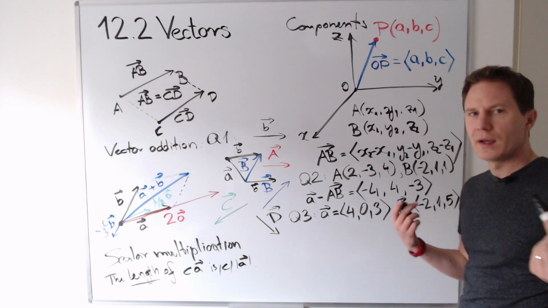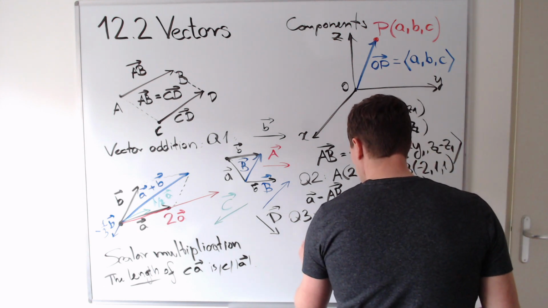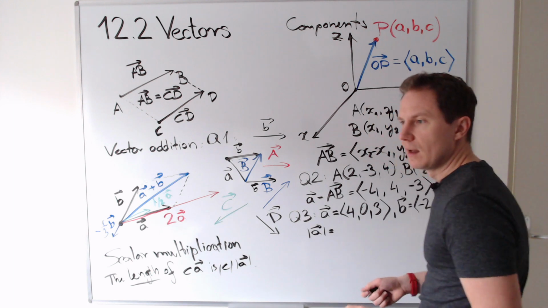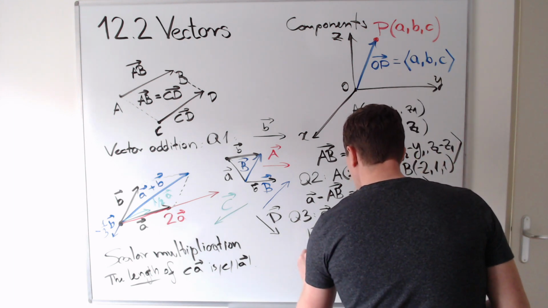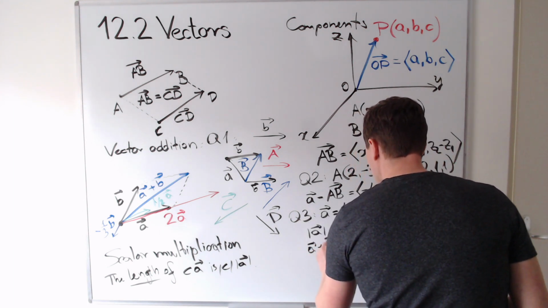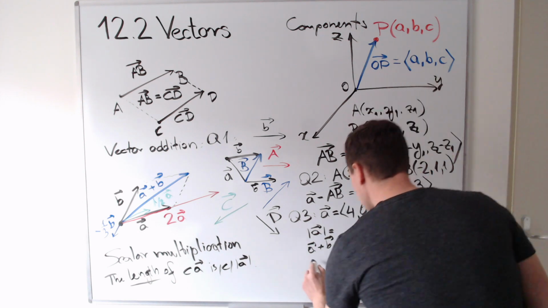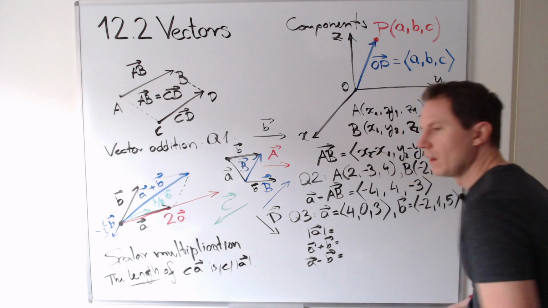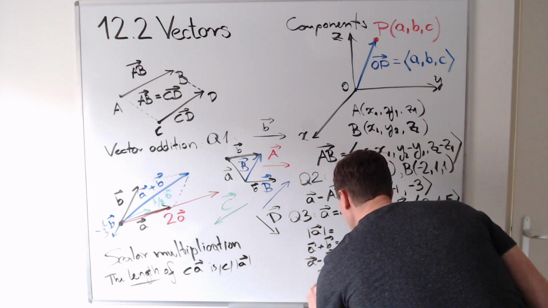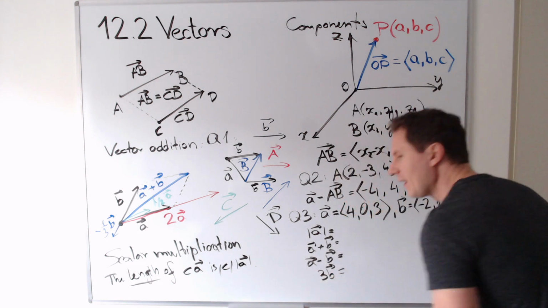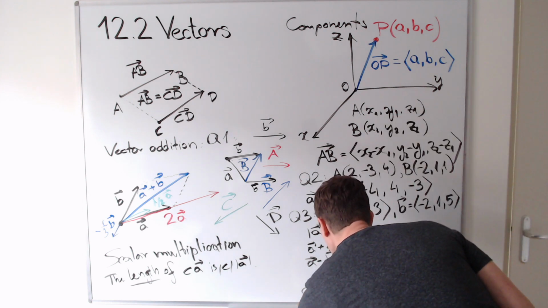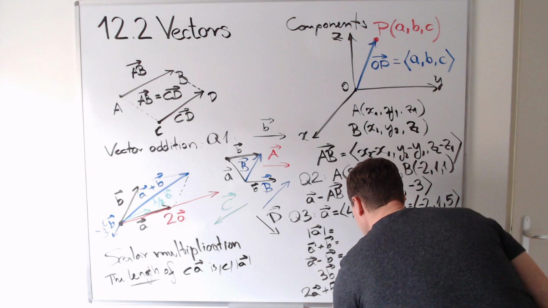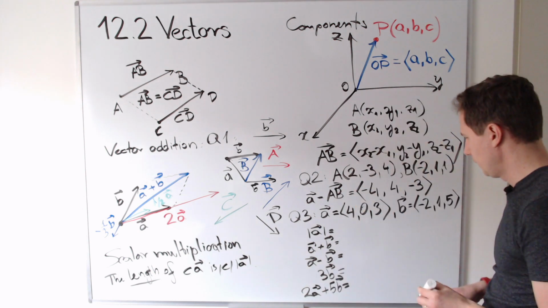And now I would like you to compute the length of A, the sum of A and B, the difference of A and B, 3 times B, as well as 2A plus 5B. Pause the video and input your answers below.